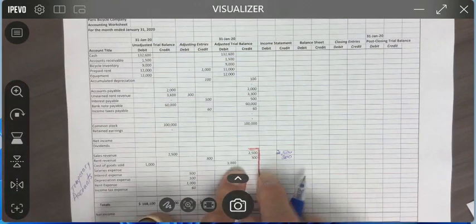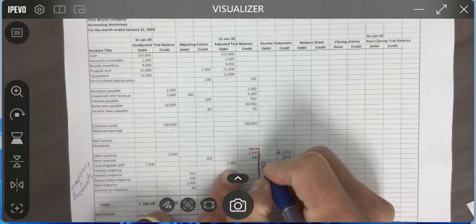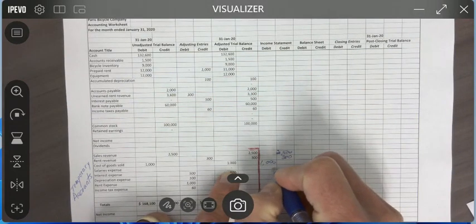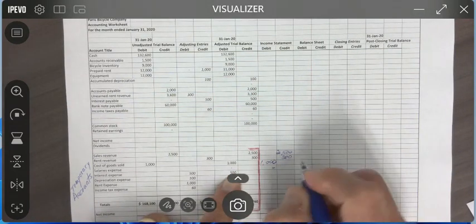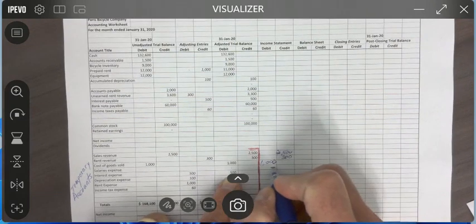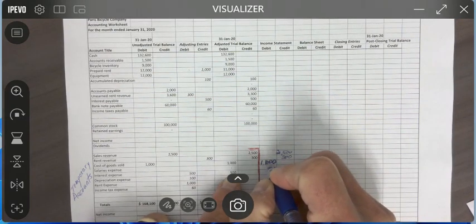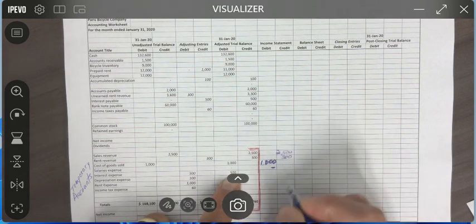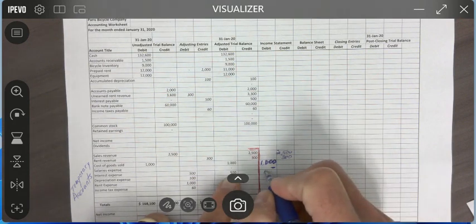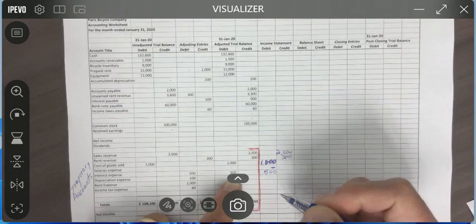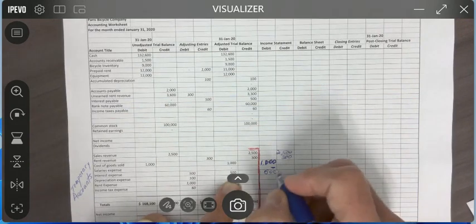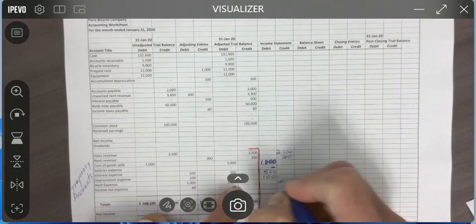Our expenses: we're going to report cost of goods sold of $1,000. There is no salaries expense yet because we haven't hired anybody. The interest expense is $500. The depreciation expense is $100.